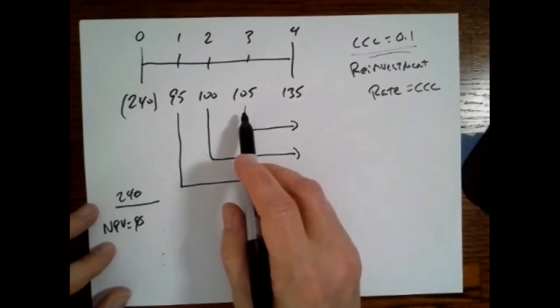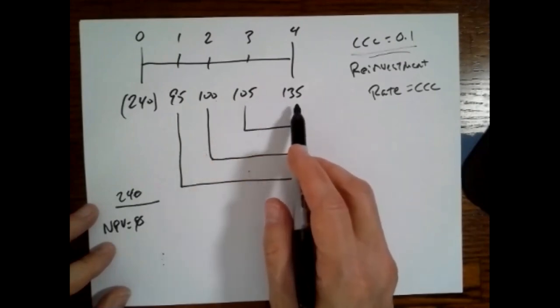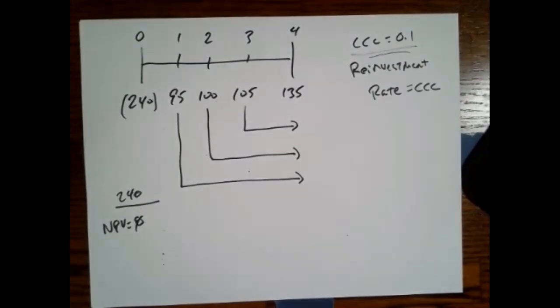So what am I going to do to bring 105 up to year 4? What do I need to do? What formula am I going to use? So Mohammed's got it. Good.